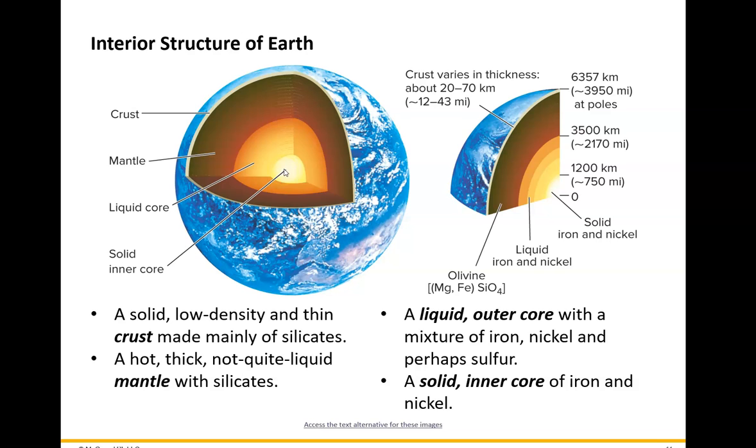We'll get into why it's so hot in just a little bit. In fact, it's so hot that's why there's a liquid outer core, right? That heat causes the iron and nickel a certain distance away to turn into liquid instead of being solid. It's solid at the center because there's so much pressure.